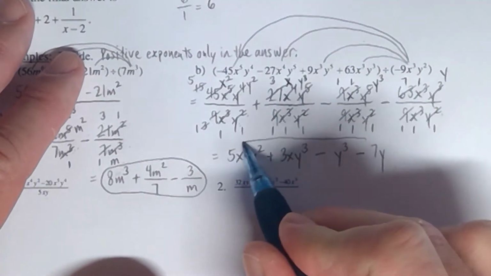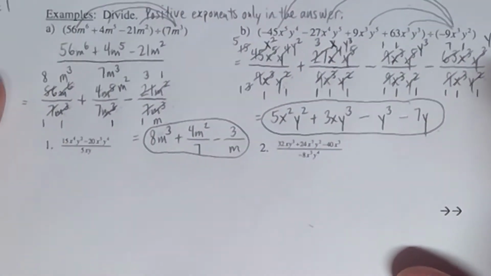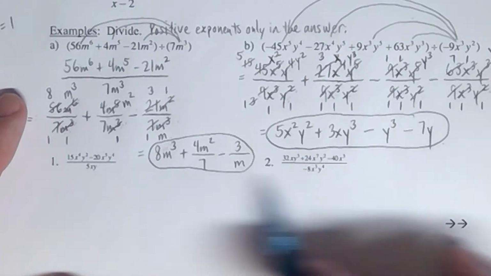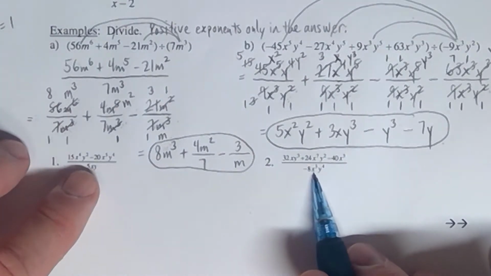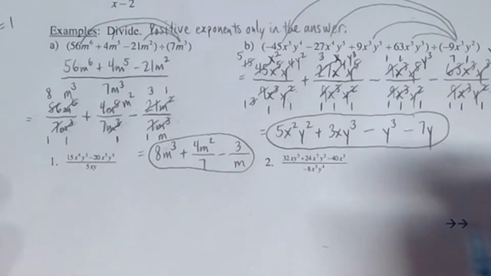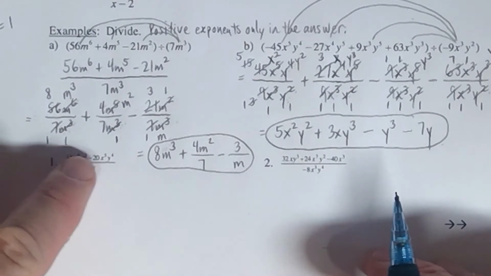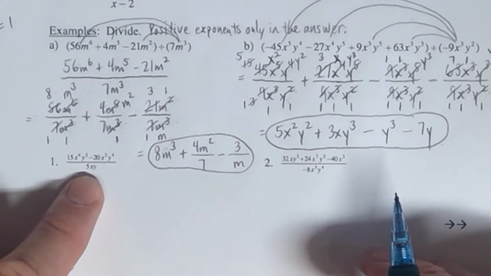And that's it. So please try right now these next two problems right here. You can see that in both cases they're once again dividing by a single term. It's just written in the form of a big fraction instead of using two brackets, but it's the same idea. When you've got one big fraction like that, you are dividing each of the terms on top by the term on the bottom.